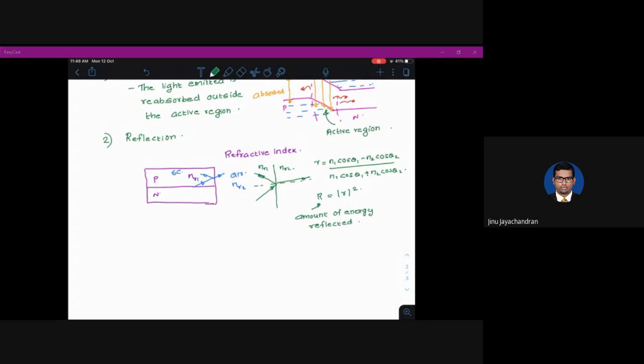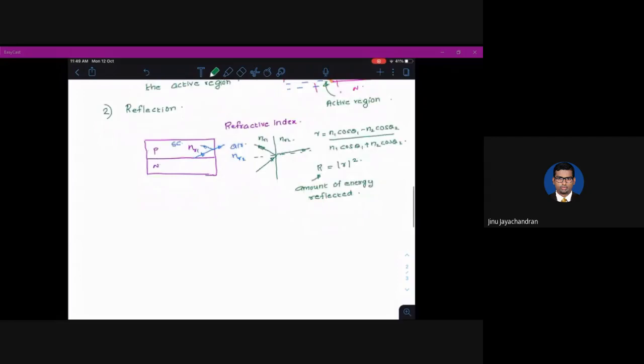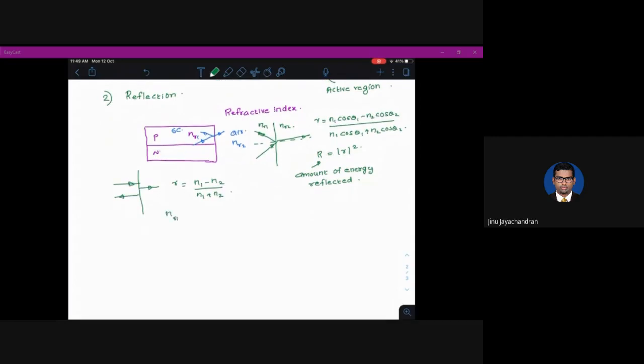So just to give you a small numerical value, assume that the light is incident normally. Some part of the light will get reflected and some part will get transmitted. The reflection coefficient for normal incidence is R equal to N1 minus N2 by N1 plus N2. For semiconductor, the NR1 is approximately around 3.6.